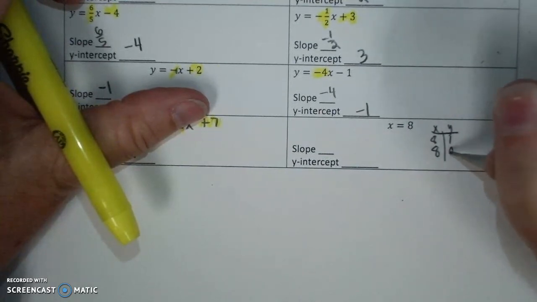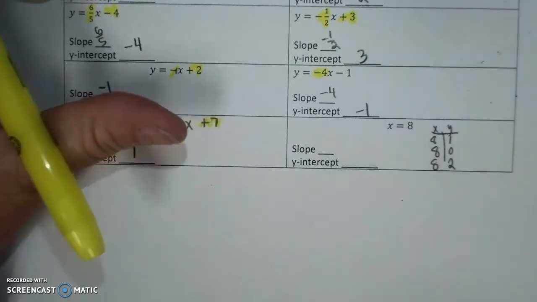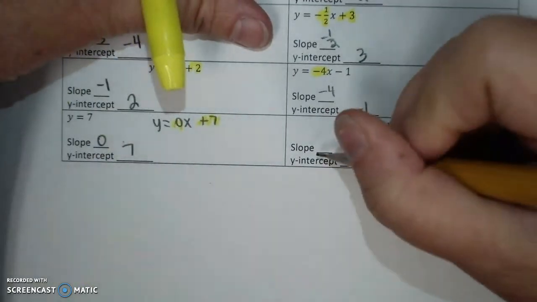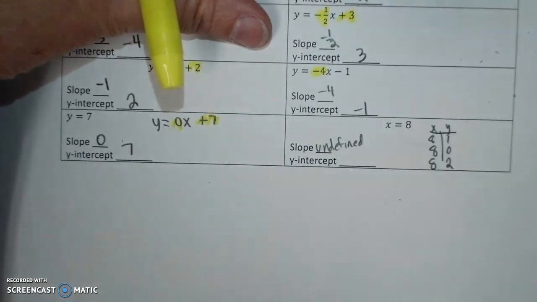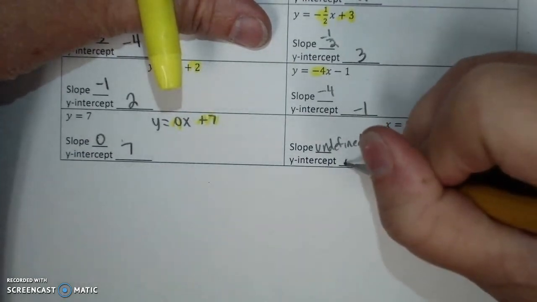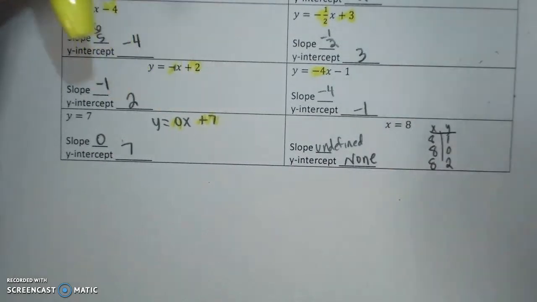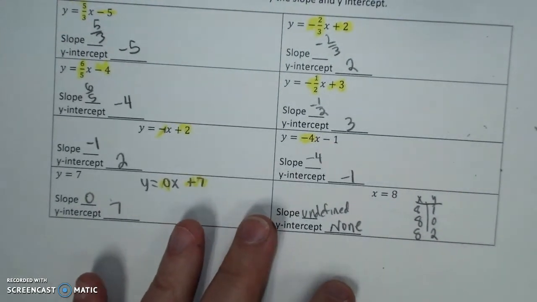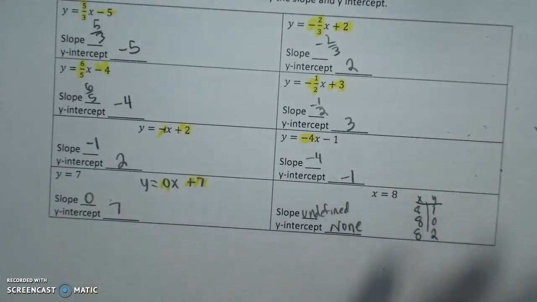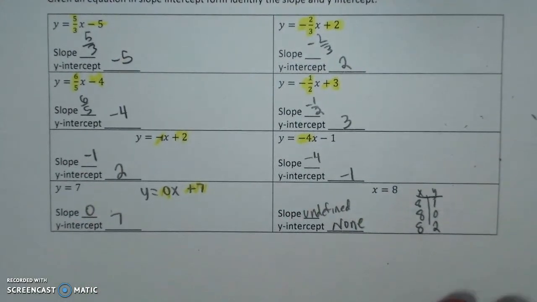X is 8, y is 2. Notice that's not a function, so the slope is going to be undefined, and no y-intercept. And that is how you identify the slope and y-intercept from a slope-intercept equation.